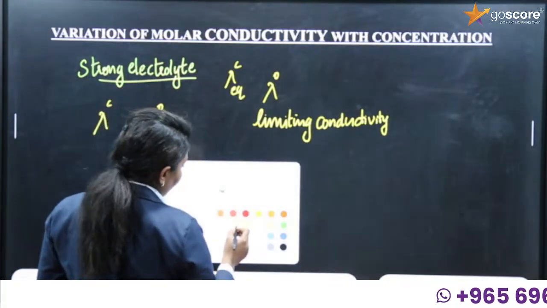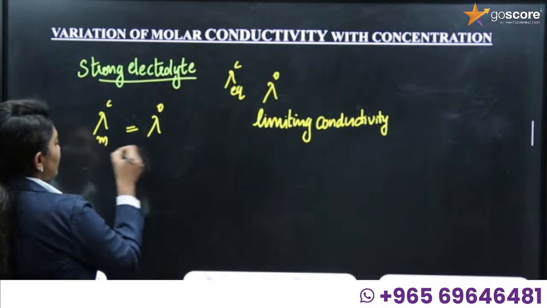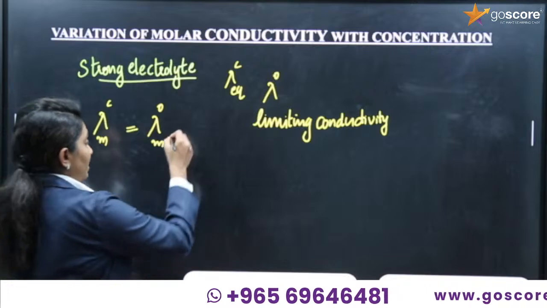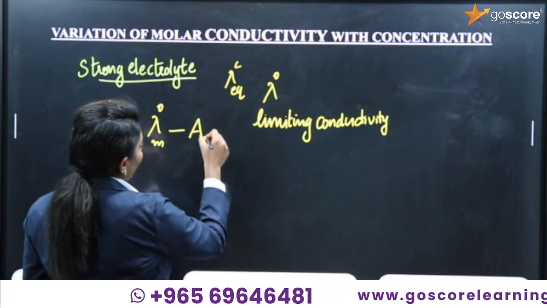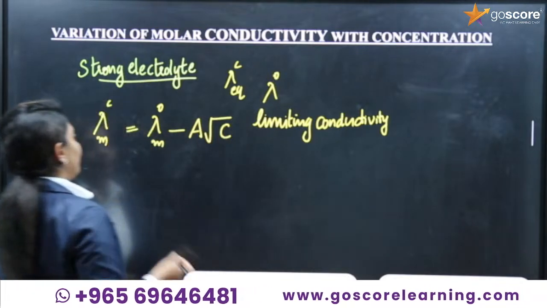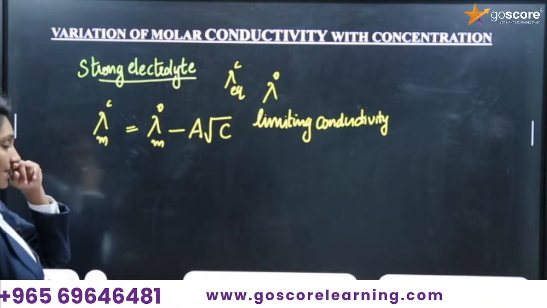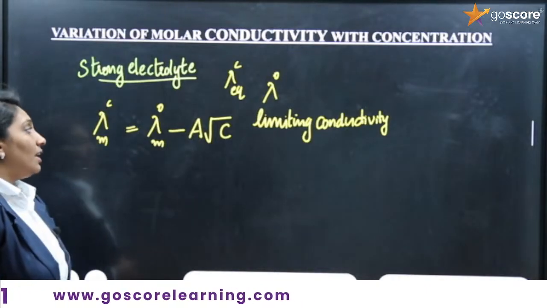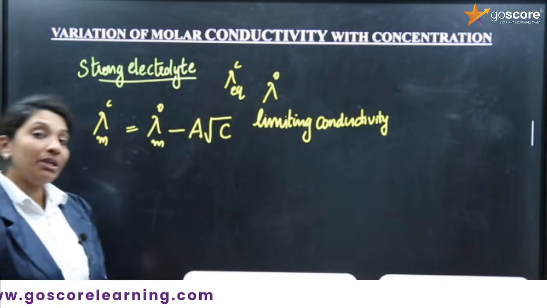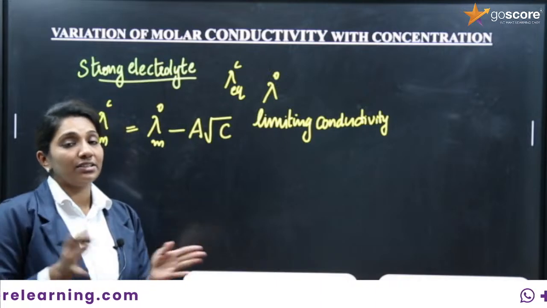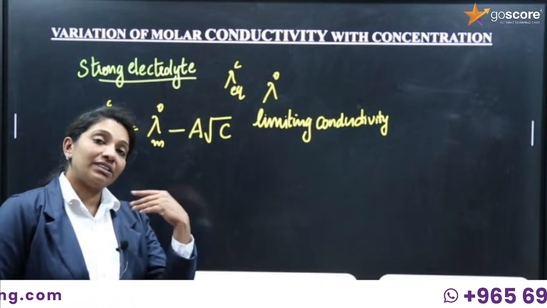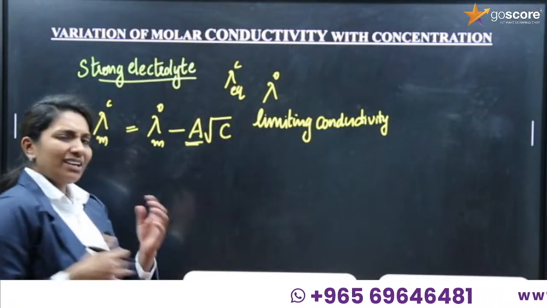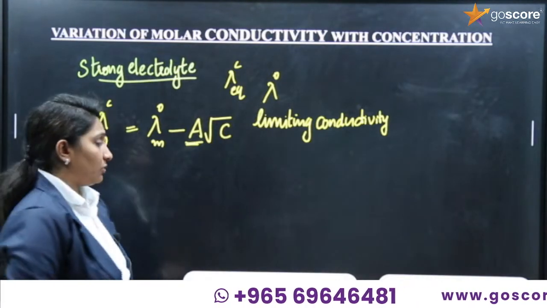The molar conductivity at concentration C will be equal to the limiting molar conductivity minus A root C, where lambda mc is the molar conductivity at a concentration C, and lambda m0 is the limiting molar conductivity. That is nothing but the molar conductivity at infinite dilution. And A is a constant whose value will be different for different electrolytes.